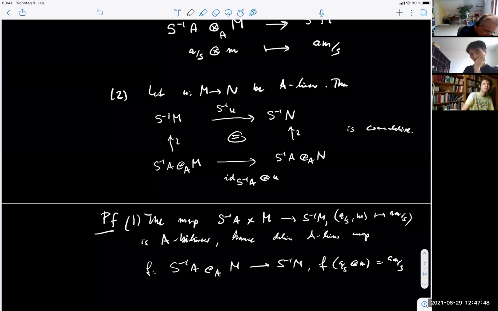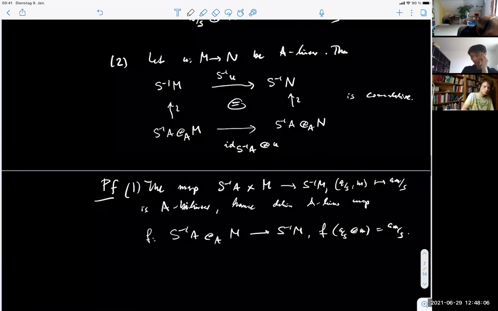Here I don't need parentheses, sorry. So I have this map. Now let's see why it is an isomorphism. It's surjective.